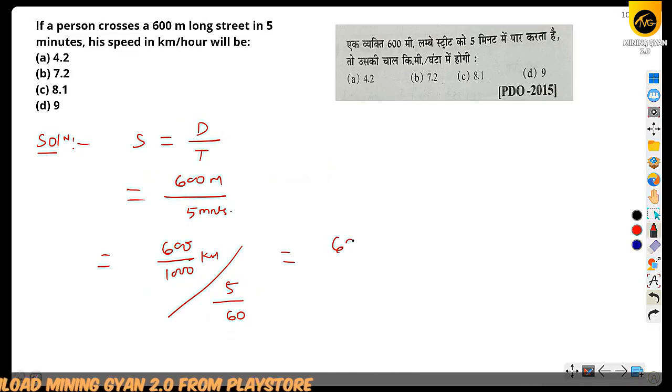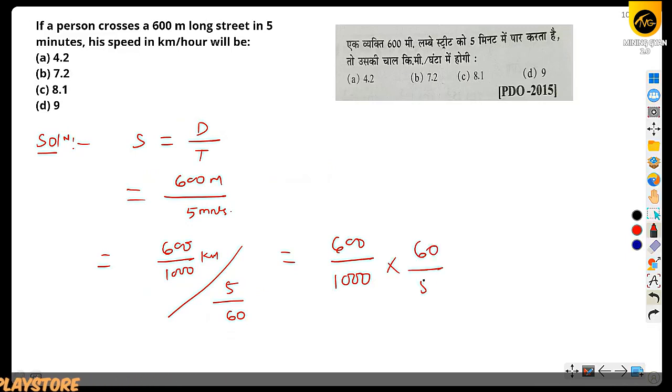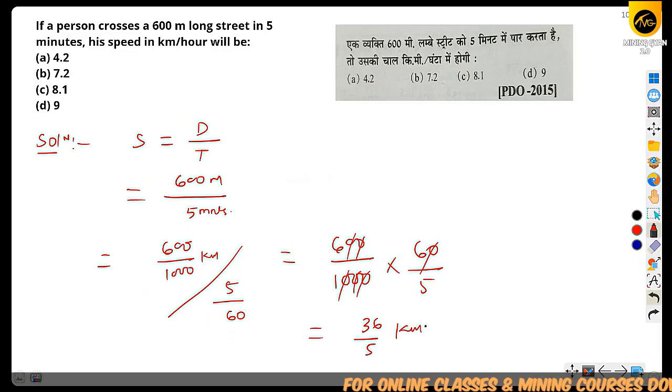So it will be 600 divided by 1000 multiplied by 60 divided by 5, reverse, so when it goes up it becomes multiplied, 60 divided by 5. So the zeros cancel. So it will be 36 divided by 5 kilometer per hour.